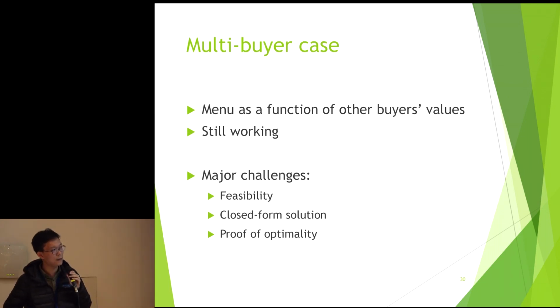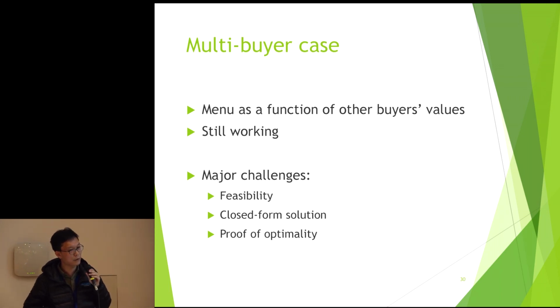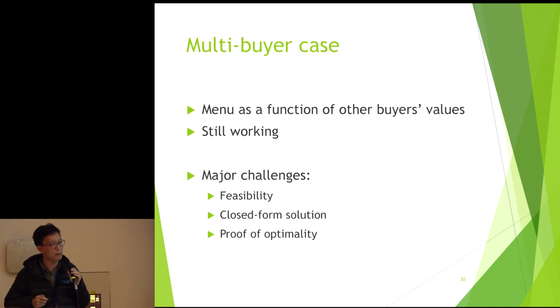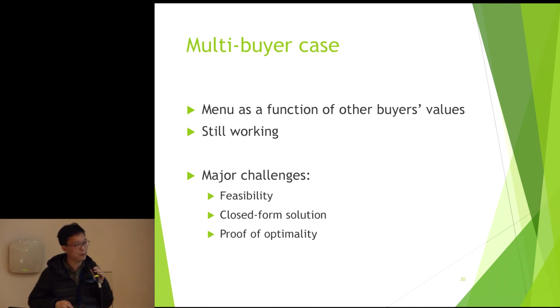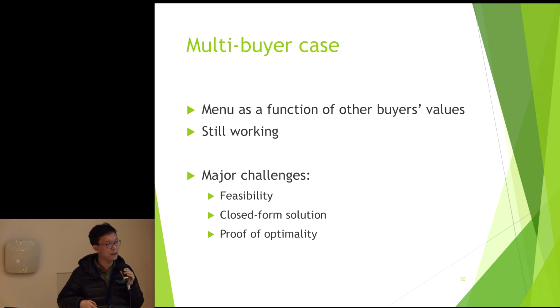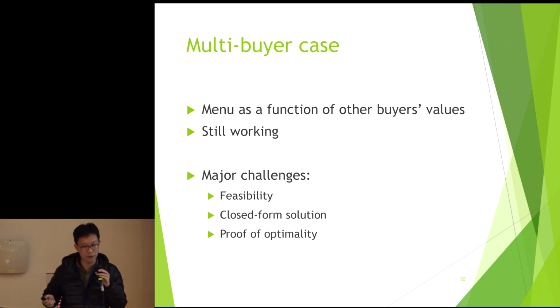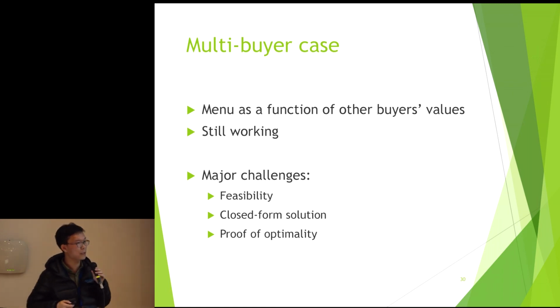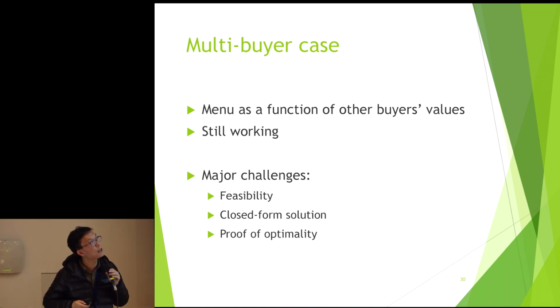And the third challenge is that given a closed form solution, how can we prove that they are optimal? Of course we can use primal dual analysis, but in that case we not only need the closed form solution to the primal problem, we also need to come up with the solution of the dual problem. So that's also quite difficult.